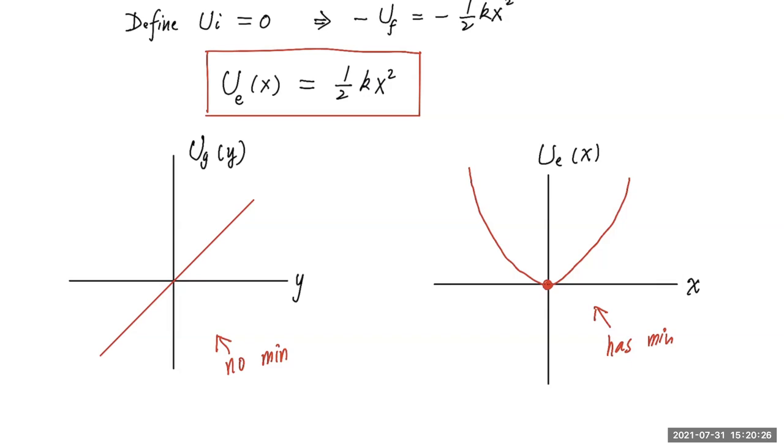So when the potential energy has a minimum, this is where you're going to find the object eventually. Everything has a tendency to move towards the minimum of the potential energy. Okay, so in the case of a spring, let's say you attach a block to the spring and you pull the block away from equilibrium, then the block is going to start to oscillate, right?